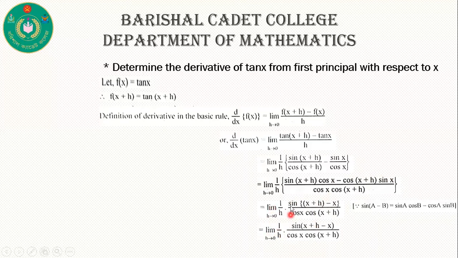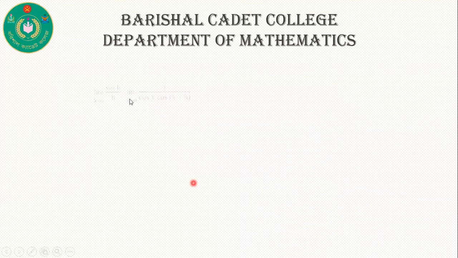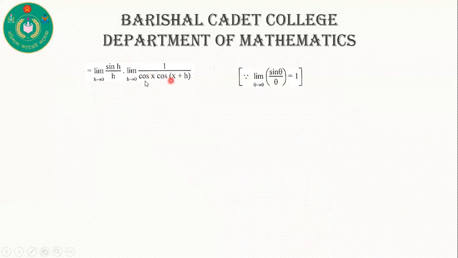Now limit h tends to 0, 1 by h, sin (x plus h minus x) by cos (x plus h) cos x. Now separate both these terms, then we can write limit h tends to 0 sin h by h, limit h tends to 0 1 by cos (x plus h) cos x. We know from limit theta tends to 0, sin theta by theta is equal to 1.